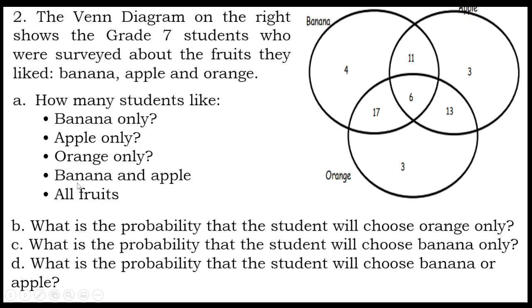Orange only. Banana and apple. All fruits. And then, what is the probability that the student will choose orange only? The probability that the student will choose banana only. And the probability that the student will choose banana or apple. Again, in this part of our exercise, complete solution is not needed.